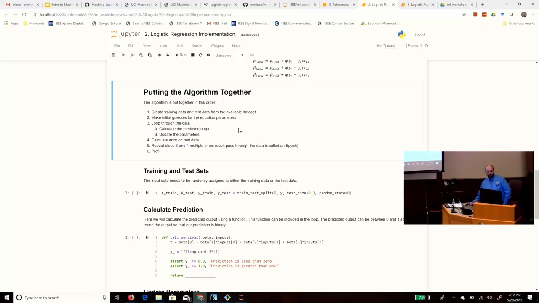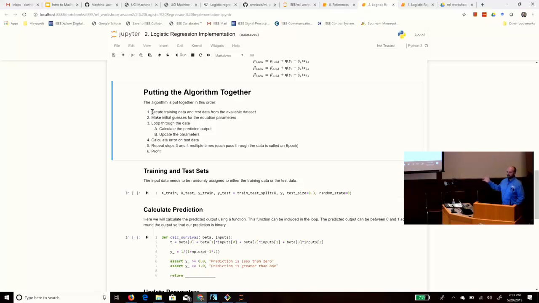Okay, the way we're going to put the algorithm together, we're going to take our training data or our input data set. We're going to split it into 2 pieces called the training data and the test data. So the training data we're going to use to calculate our parameters, and then the test data portion we're going to run through the model with the parameters we calculate and calculate our error.